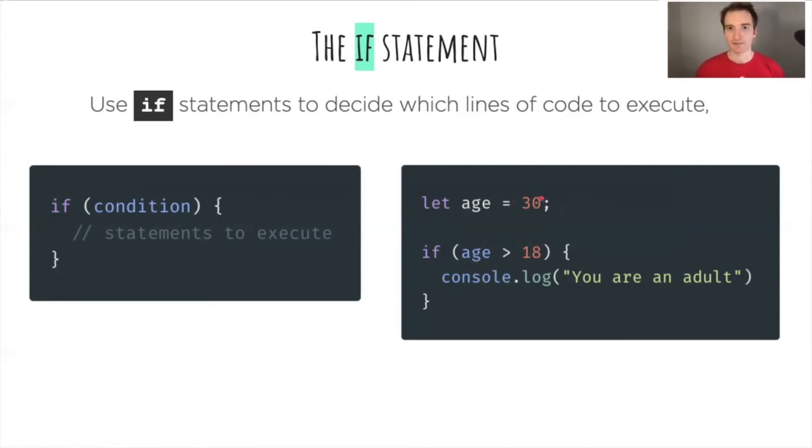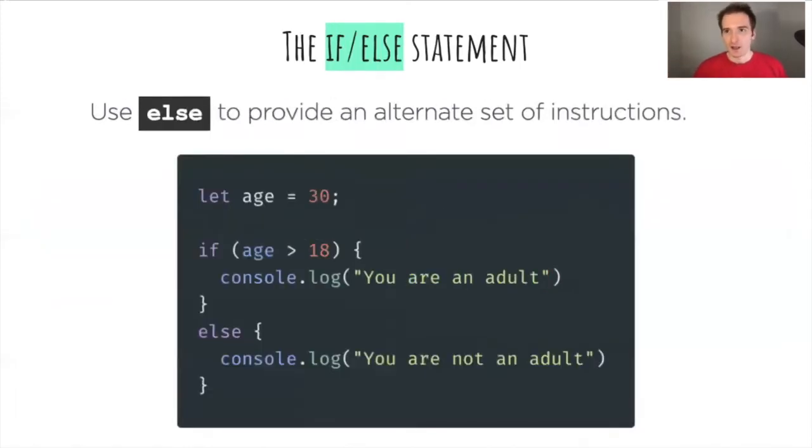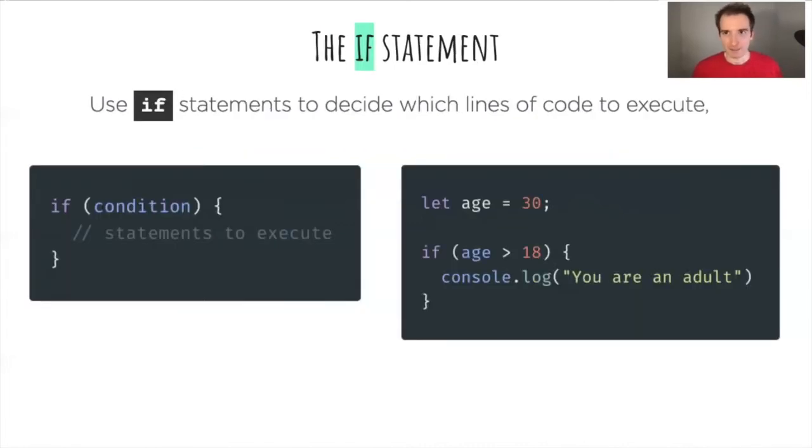So in this case, 30 is greater than 18. That's true. That makes sense. So since this evaluates to true, we're executing this code down here, and we're logging out, okay, you are an adult. You're greater than 18. So we have that if statement. We can run this code only if a certain condition is true.